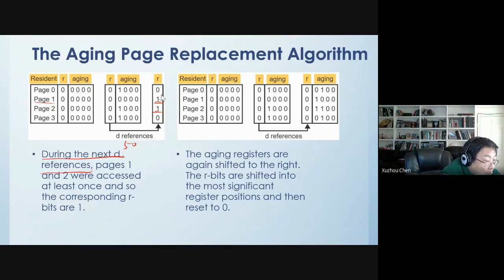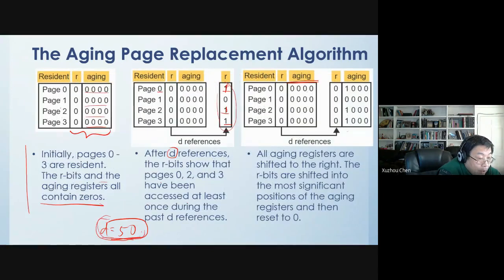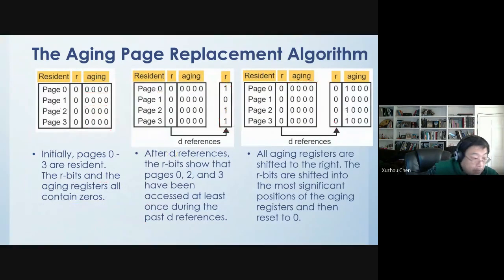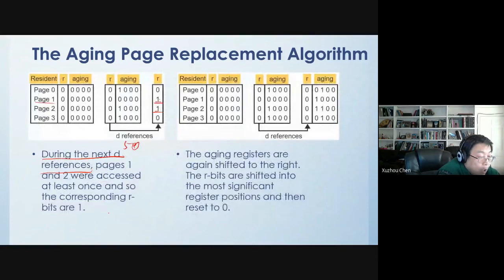Okay. Now once the 50 references are reached, combined with the 50 references initially, at this time you have reached a total of 100 page references, right? Once you reach the 100 page references, you're going to push these to the right.